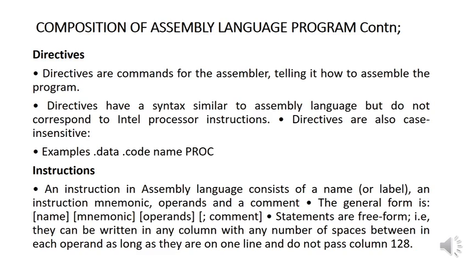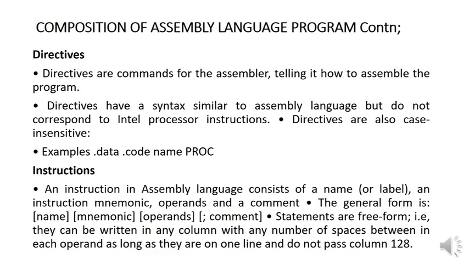Do you get it now? Directives dish out instructions for the assembler on how to do the computation of its operation. So directives have a syntax similar to assembly language, but do not correspond to processor instructions. Directives are also case sensitive. Examples: .data, .code, or name proc.